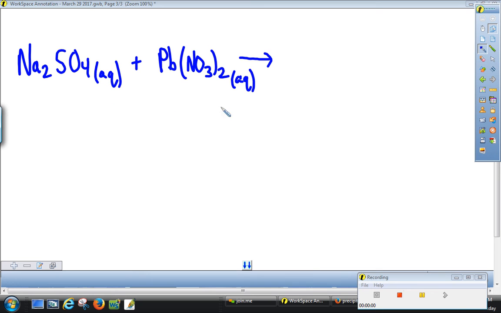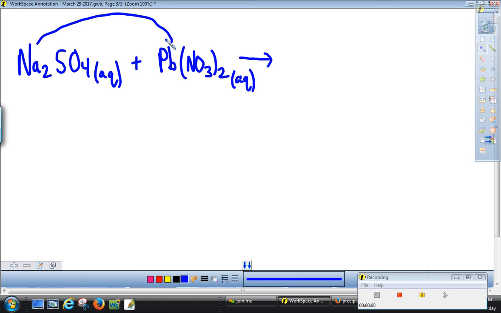When these 2 things react, in theory the positive sodium ions and the positive lead ions, the 2 metal ions, can switch places. If lead links up with the sulfate, Pb has a +2 charge and sulfate has a -2 charge, so that's the correct chemical formula. It adds up to 0.